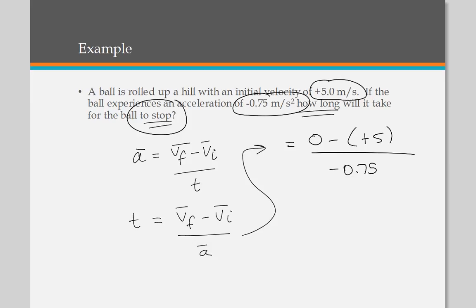So which makes sense if you think about this. If you're traveling to the right and you want to stop, the acceleration has to be the opposite direction. So we have a negative divided by a negative. That'll come out positive. And rounding, 6.7 seconds.